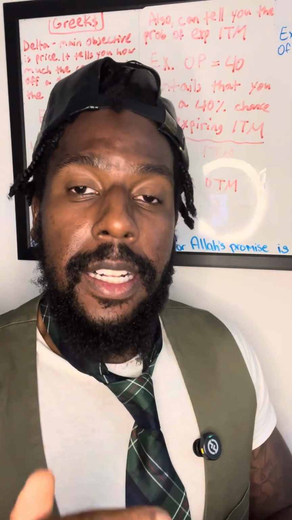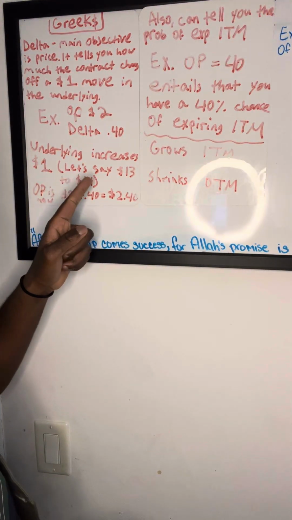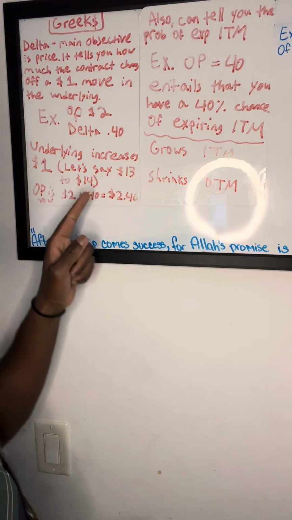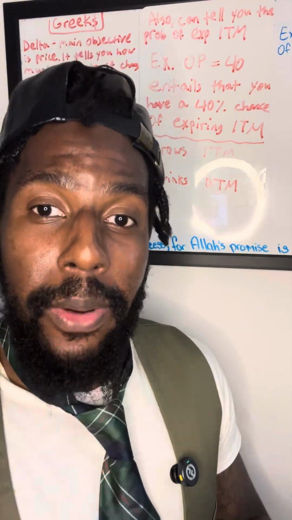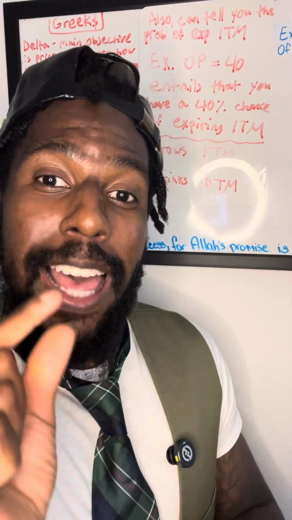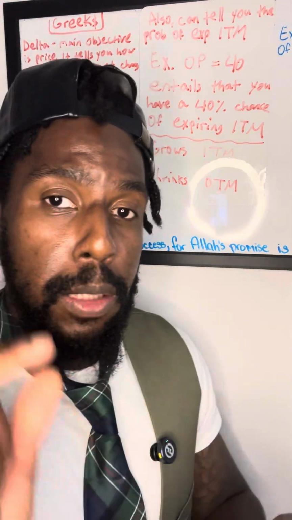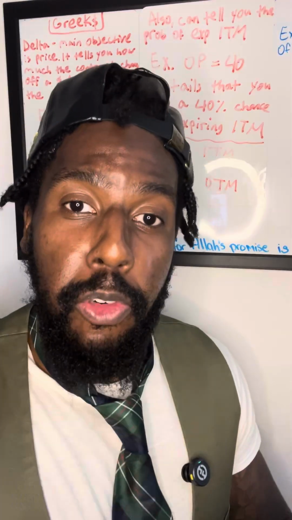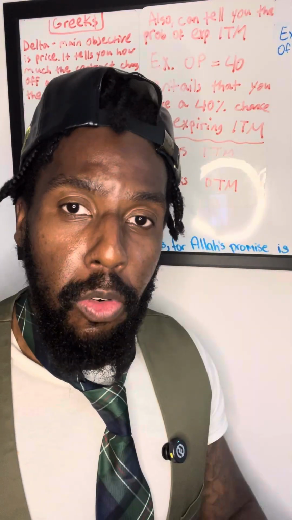Now, gamma determines that next dollar move, right? So in our previous example, we moved from $13 to $14 and the delta increased by 0.40. Now, if we have a gamma of 0.5, then we would add that 0.5 to the 240, and now the options premium would be $2.45 due to the second dollar move, right?